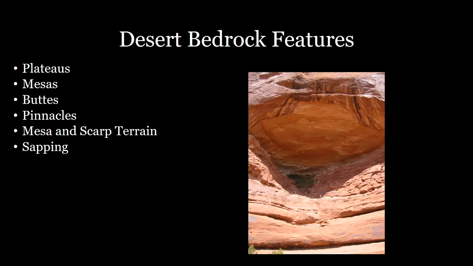This process can sometimes be furthered along through something called sapping. Sapping is when you have groundwater that's flowing in between layers of rock, usually directly below the harder to erode layer, and flows in between those layers and can cause more erosion.